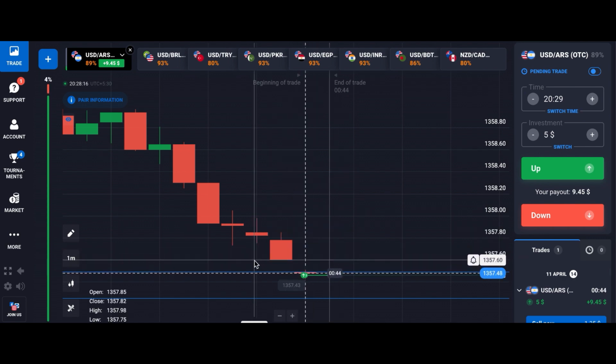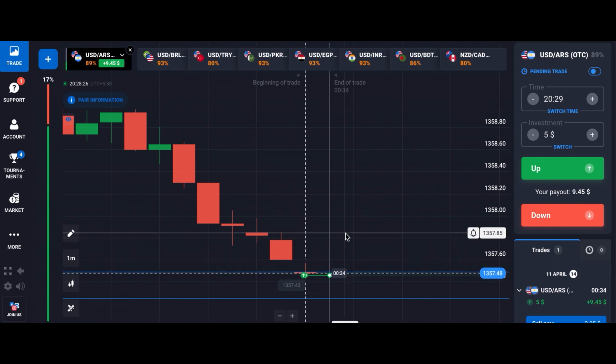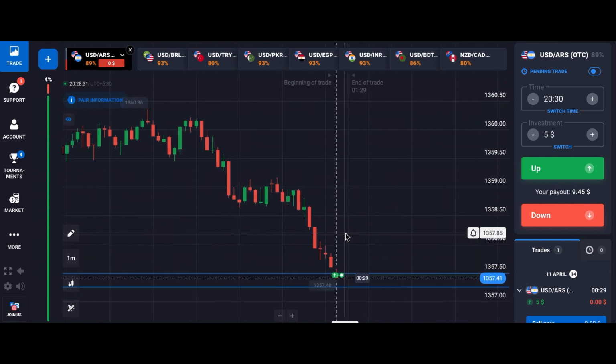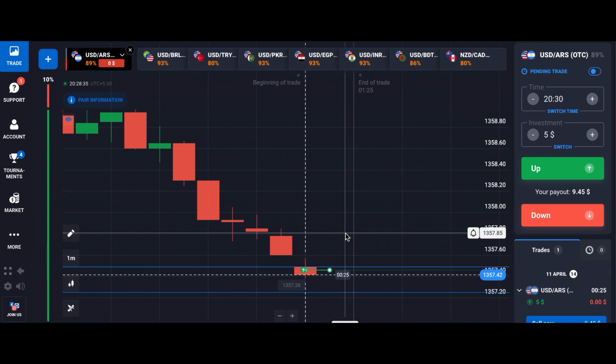You can see from 1357.60 to 1356.51. That's a huge gap the market has created. So let's wait. What will be the result?